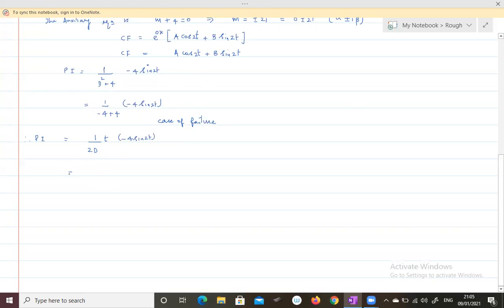That is equal to minus 4t into 1 by 2D into sin 2t. You can cancel the 4 and 2, so minus 2t into 1 by D of sin 2t.